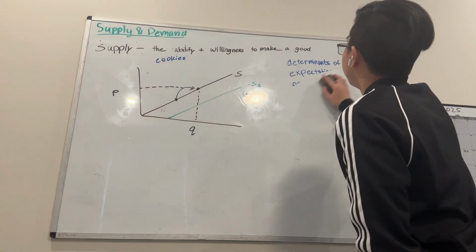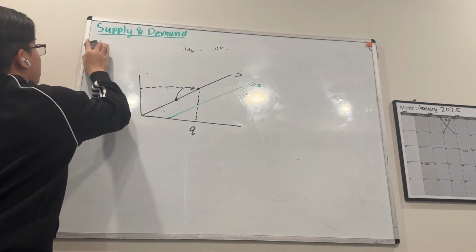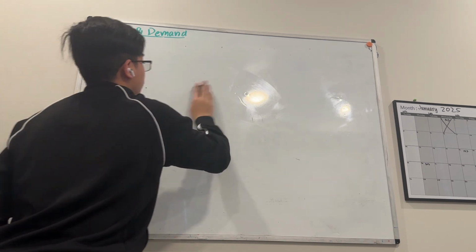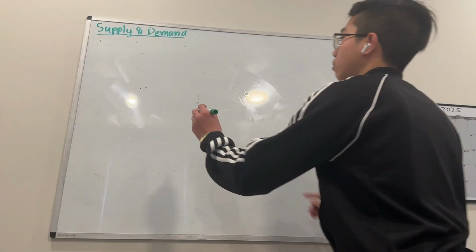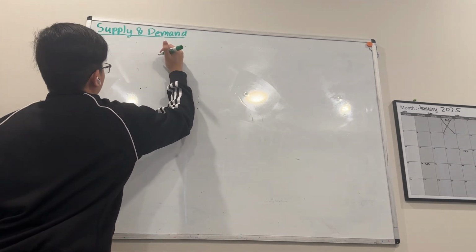Now let's see how the equilibrium works in supply and demand. Let's say this is the market for cookies.